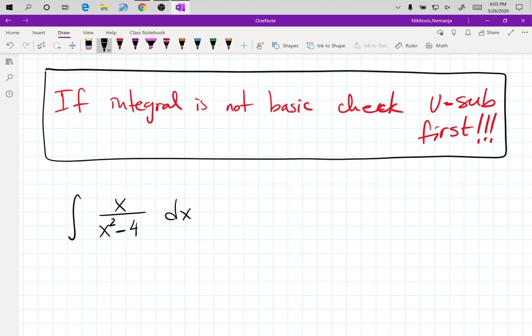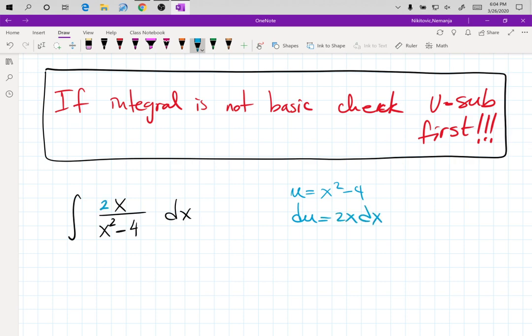All right. So since we're talking about integration strategies, if you're looking at this and you say, well, this looks like a U sub, you're right, because it is a U sub. And you can solve it literally in 2 steps. U equals x squared minus 4, du equals 2x dx.